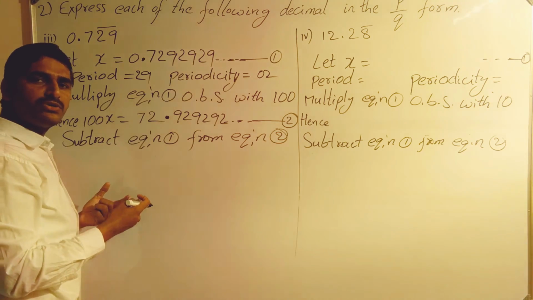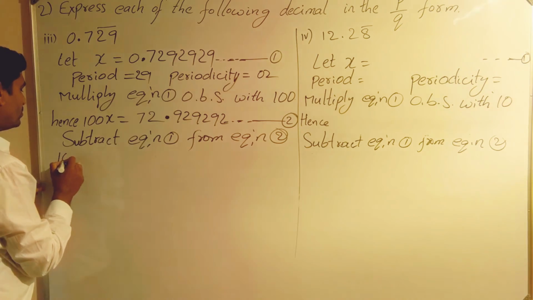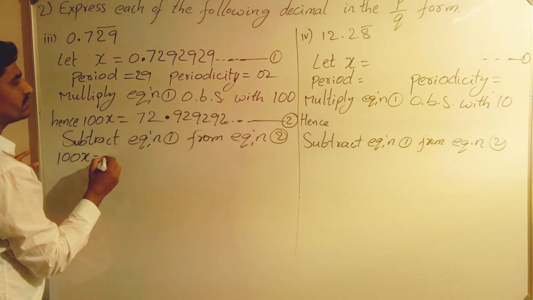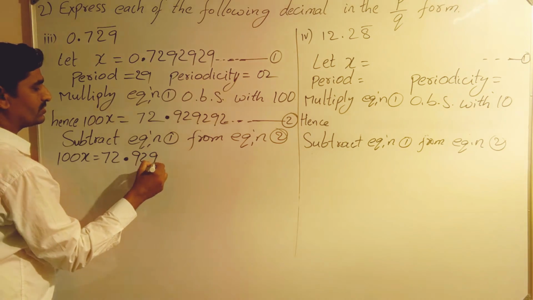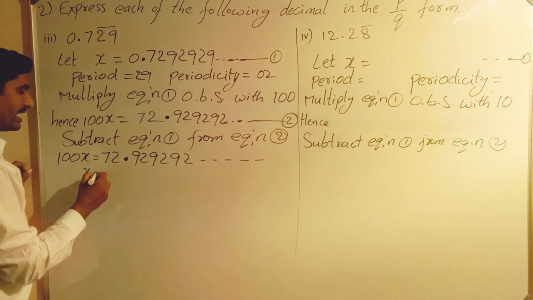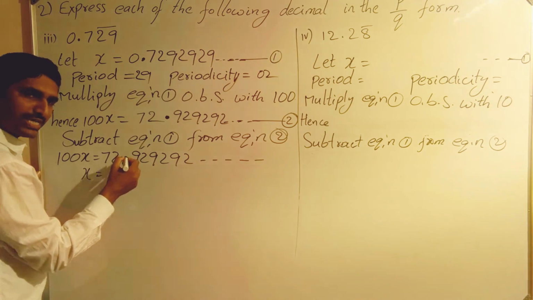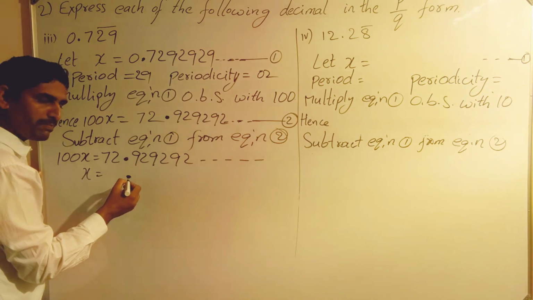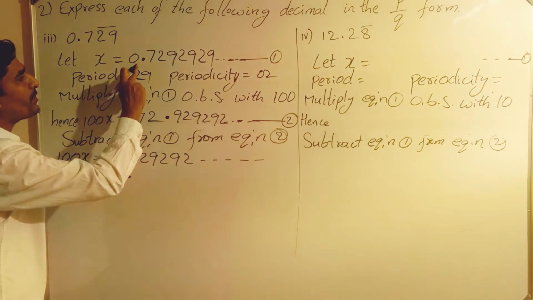Now what we have to do? Subtract equation 1 from equation 2. 100x equals 72.929292 and so on. Equation 1 is 0.7292929 and so on. The point should be in the same place.